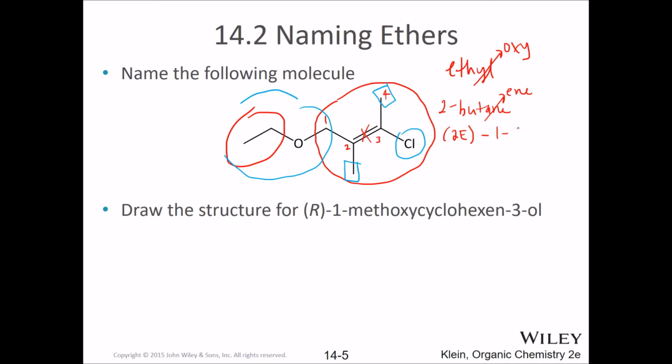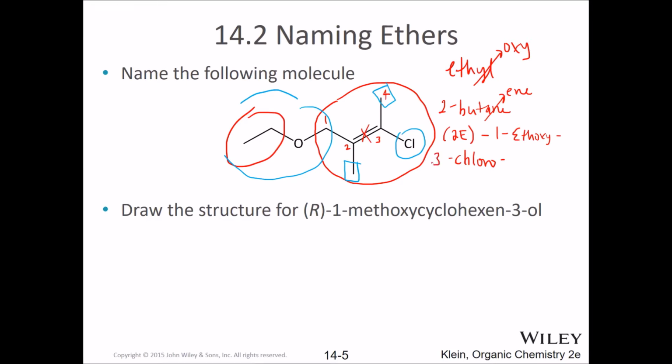1-ethoxy-2-butene, but I haven't named everything yet. I know I don't have enough room here on my paper to show this nicely. So I also have a chloro group. How do you spell chloro? And where's that?